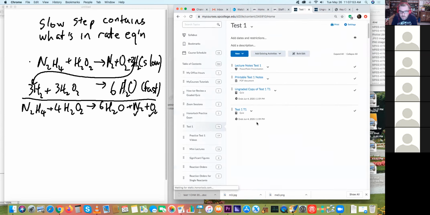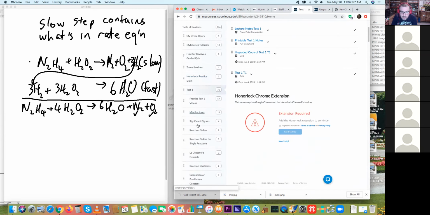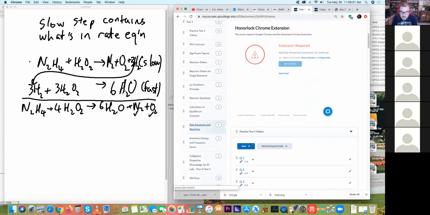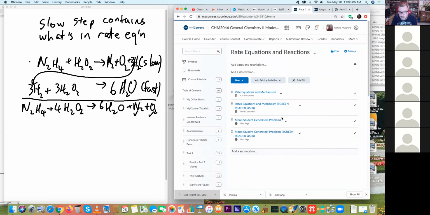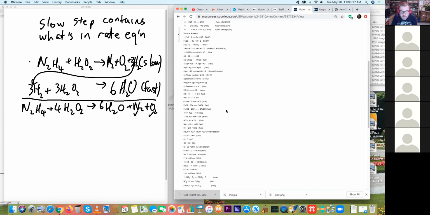I really feel like you should go through these in pretty deep detail, and that's in the rate equations and reactions folder. And we've got a worksheet here that has 10 problems on it with answers. And then we've got this one here, which has another 16 problems, again with answers.